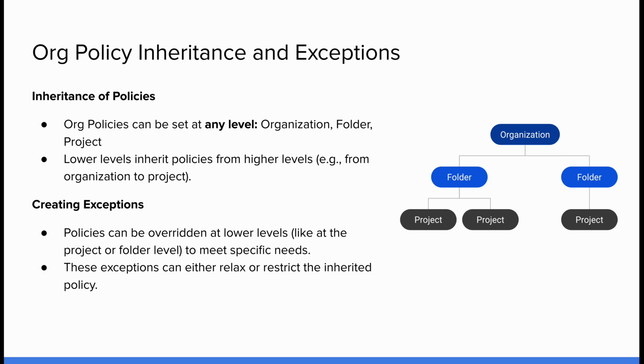Of course, you have to have the permissions to make those exceptions, but it is possible. This structure provides the granular control you need over resources while still maintaining overall governance. So this balance between flexibility for individual teams or projects while keeping your organization compliant and secure is the whole idea behind this. That's all on org policies.